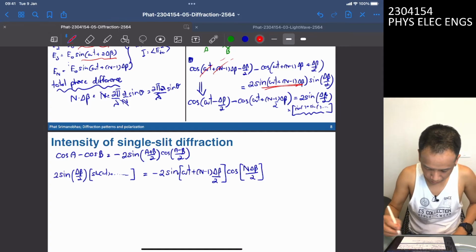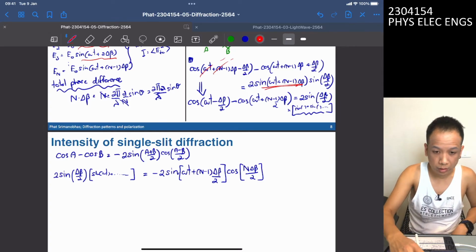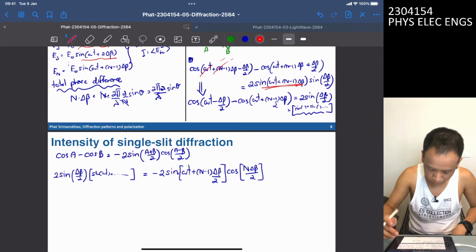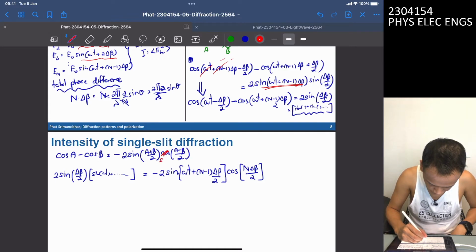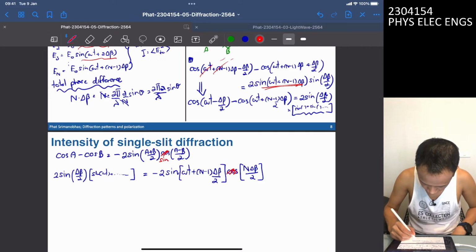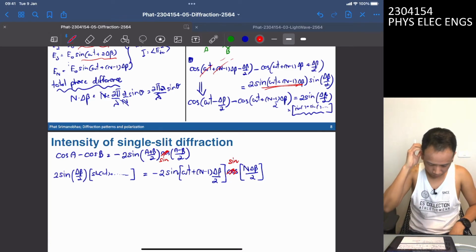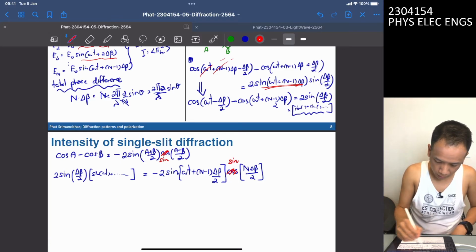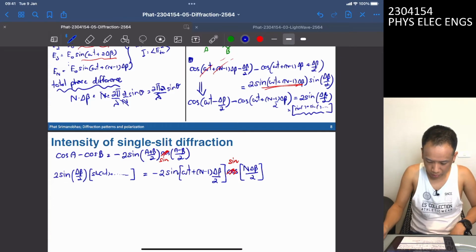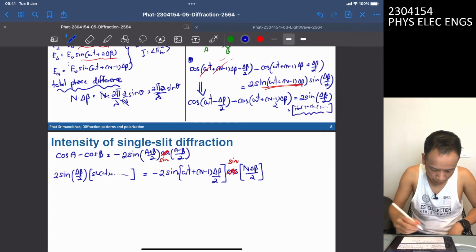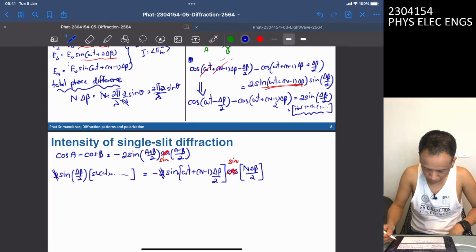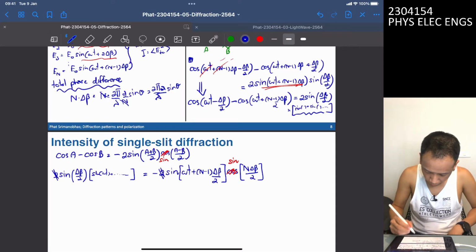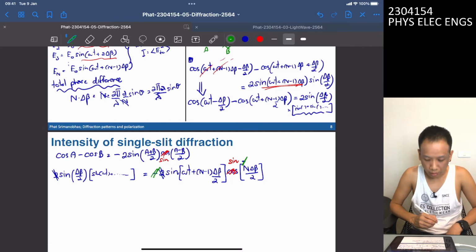Sorry, I think I made a mistake in one place: this is sine. Great. Now we can cancel the 2, and since it's sine, the minus here will be cancelled.